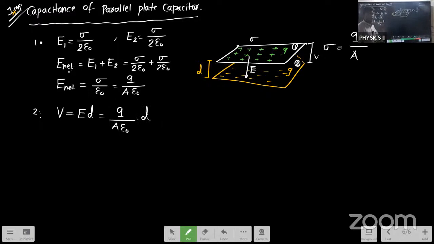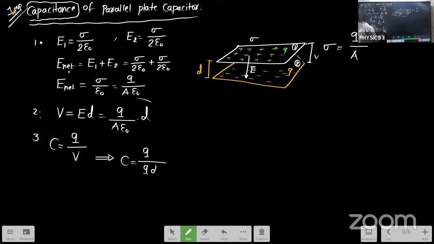Now we are done with the 2 points. The final point will be our answer. We are supposed to determine the capacitance of parallel plate capacitor. Third point. What is the formula for capacitance of a capacitor? C is equals to Q divided by V. Let us substitute this value. C is equals to Q divided by the value of V we got, Q into D divided by A epsilon naught.